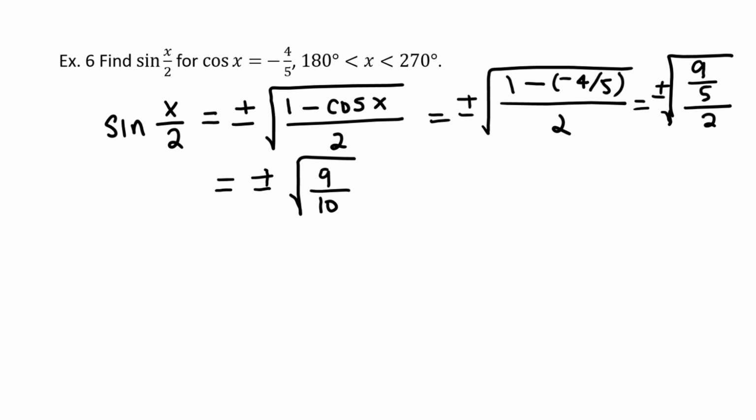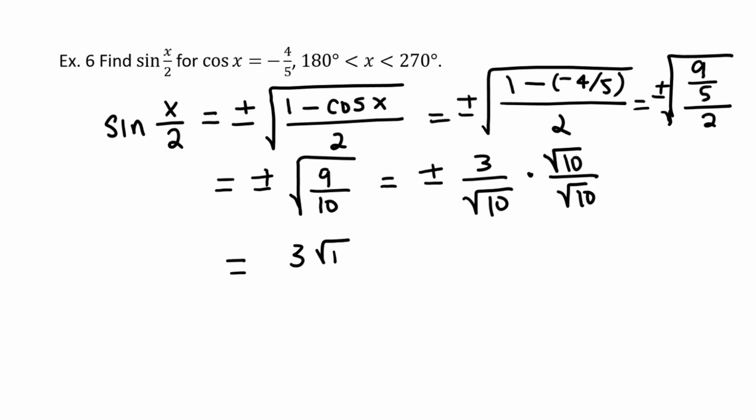Now, we'll continue. So I'm going to have plus or minus. The square root of 9 is 3, and it's still over the square root of 10. Let's rationalize the denominator. So we'll multiply by square root of 10 over square root of 10. And that'll give us 3 times the square root of 10 over 10.